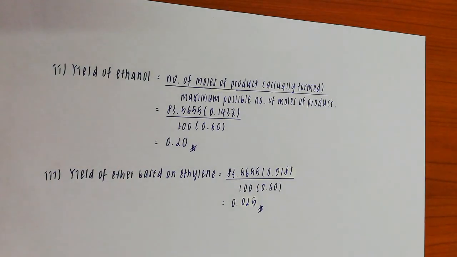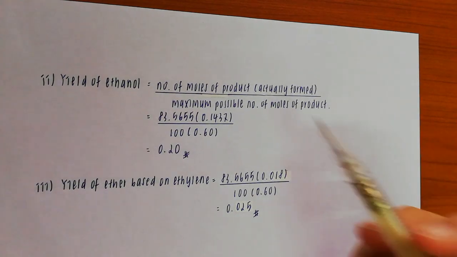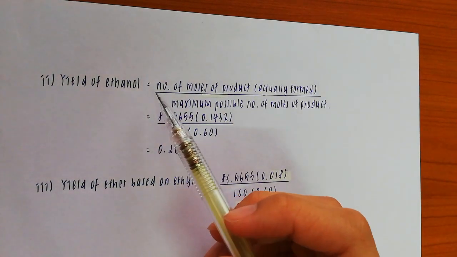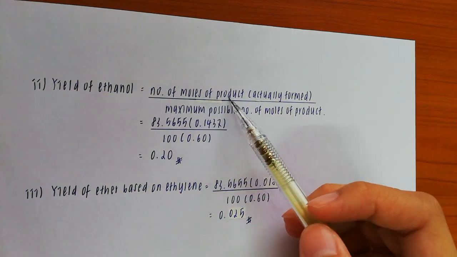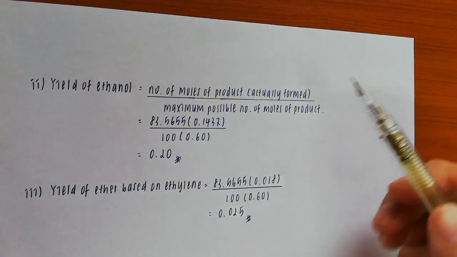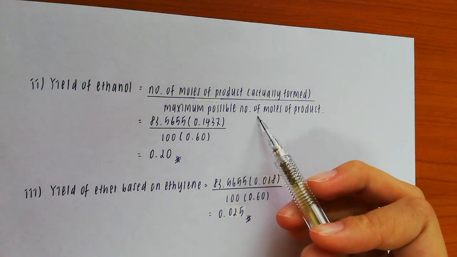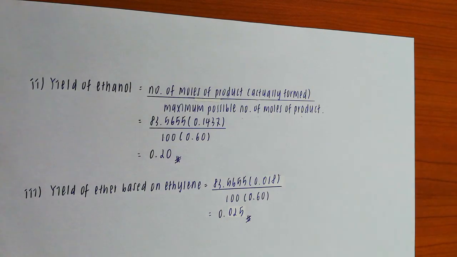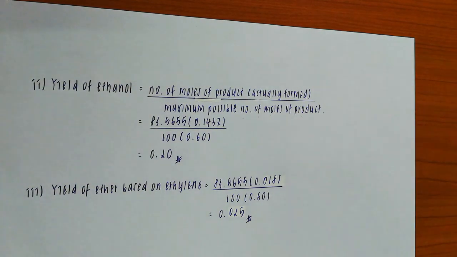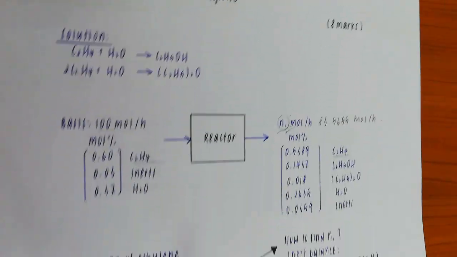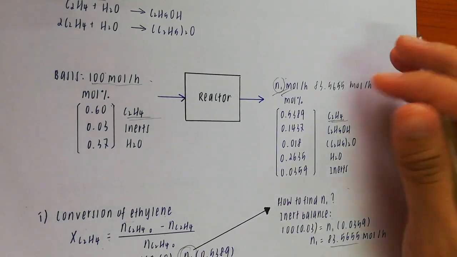So for the yield of ethanol, we can calculate it by using the formula: number of moles of product that actually form over the maximum possible number of moles of product. The number of moles of product actually formed, you can refer to here.